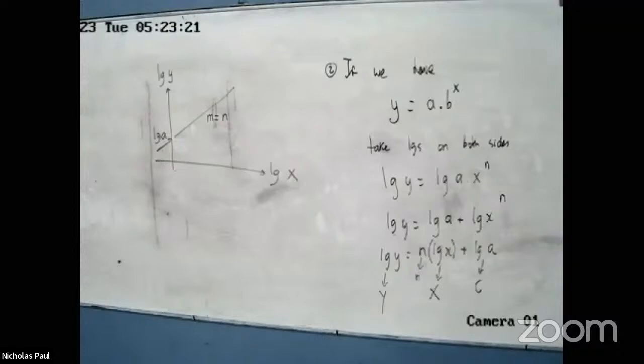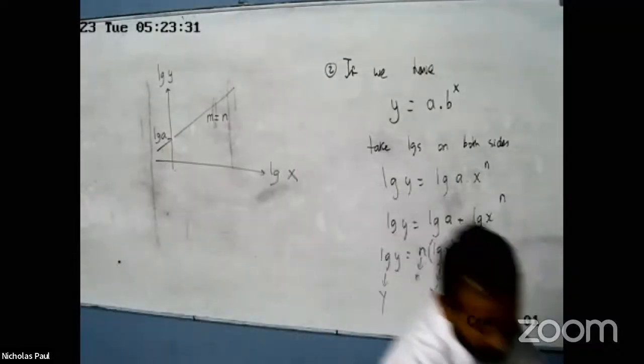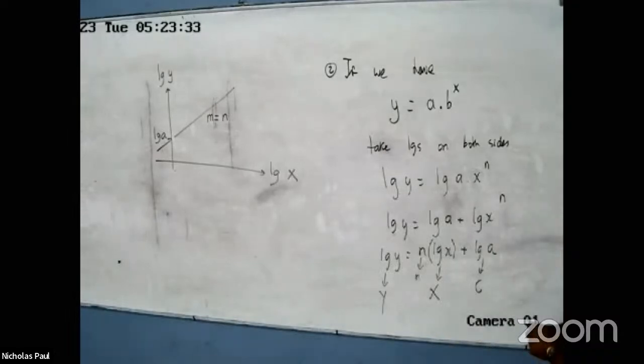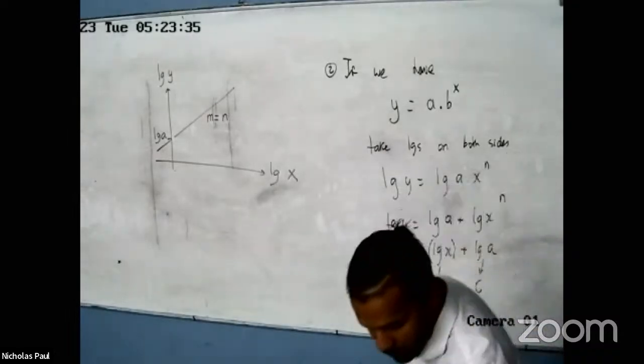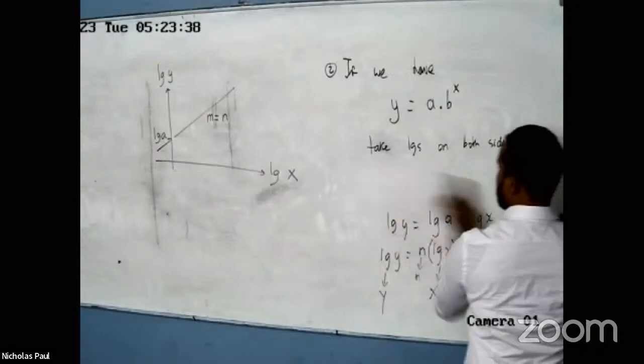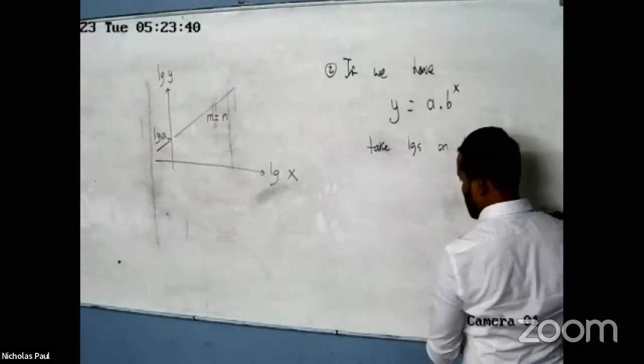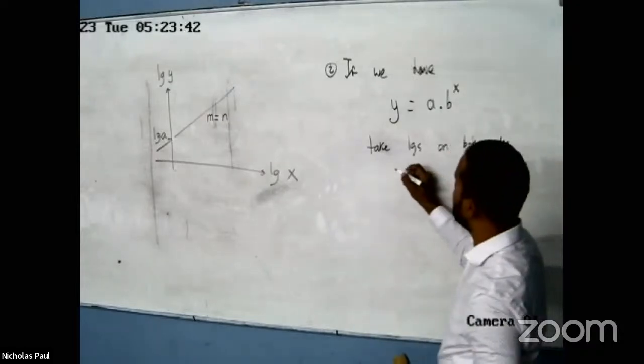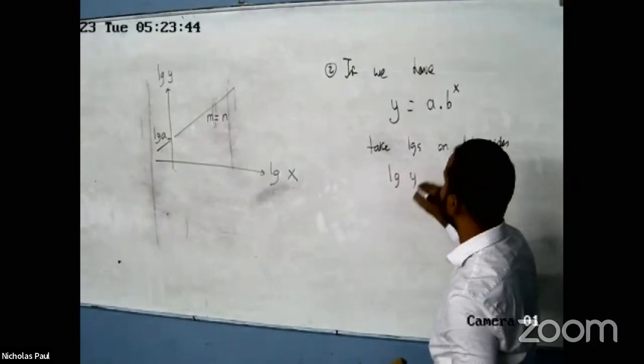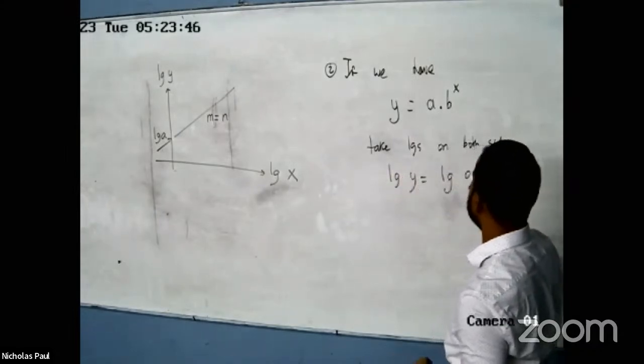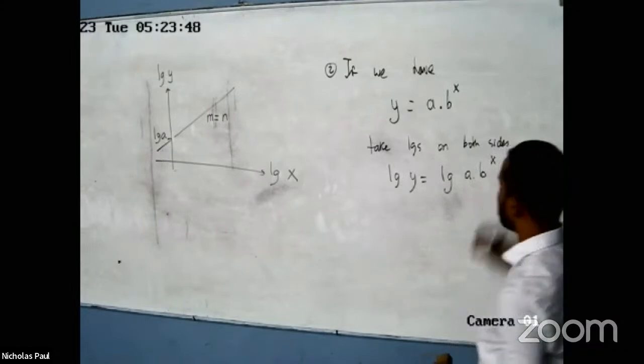And let's see what we have here. That's what you all came up with here. Right, so you take logs on both sides, so you'll get log y is equal to log a times b to the power of x.